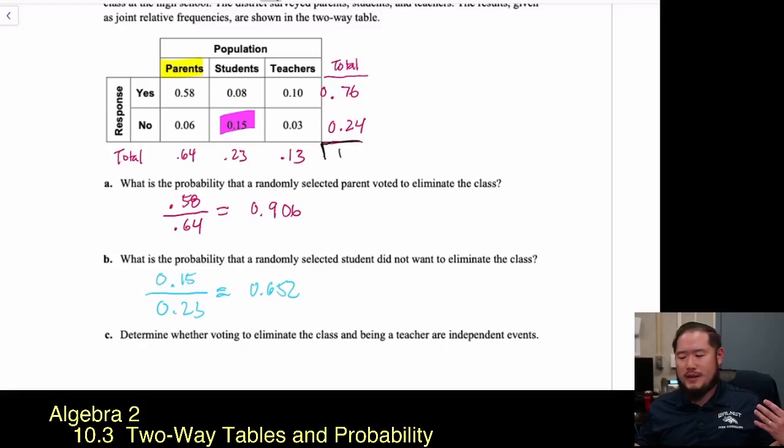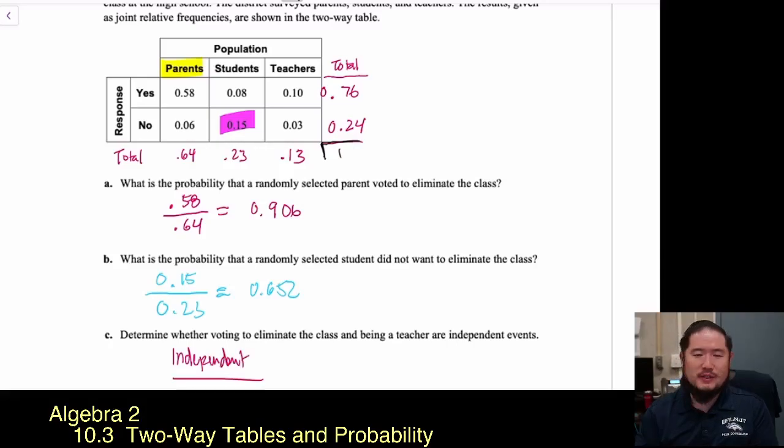I mean, if you are a teacher and you had parents wanting to eliminate a class, does that affect your decision to eliminate the class? Yes or no? I think the best answer here would end up being that these events are independent of each other.